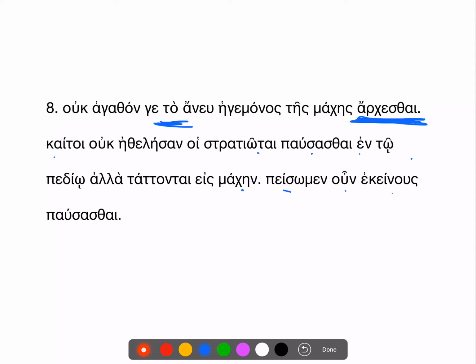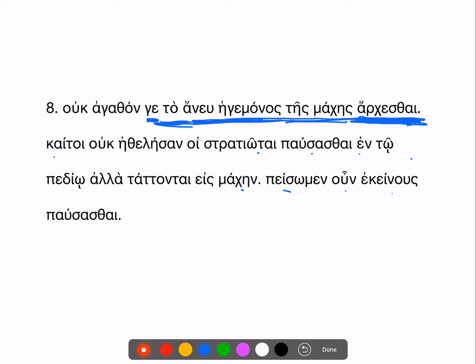So, to be beginning, tes maches, the battle. Aneu hegemonos, without a leader. To be beginning the battle without a leader. Ouk agathon ge, isn't good. Get that ge in there. To be beginning the battle without a leader isn't good.